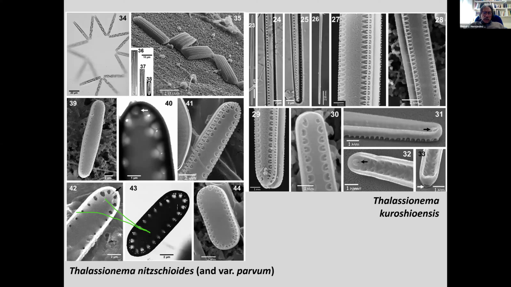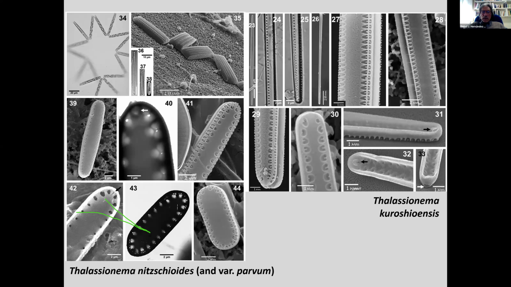And then we are going to Thalassionema and the very common species Thalassionema nitzschioides, which was originally described in the Gulf of California. It is a species forming chains in zigzag or stellate chains.